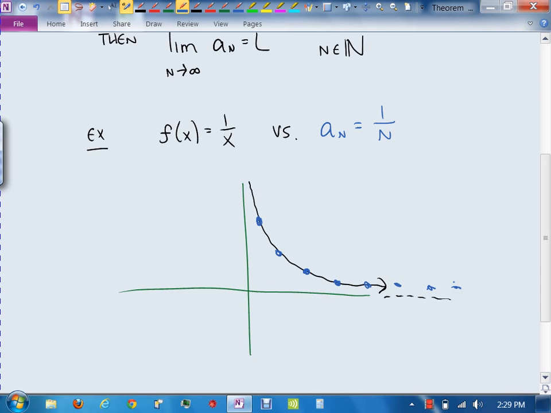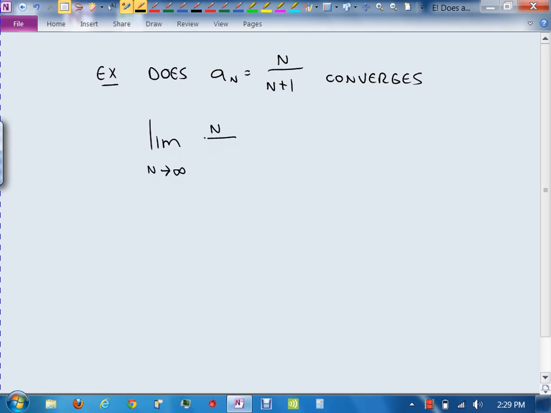So I'm going to go back to that example now. When we're trying to find whether a sub n equals n over n plus 1 converges, technically what we need to do is find the limit as n goes to infinity of n over n plus 1. But I can't do L'Hopital's rule because that's not continuous. So what I do is I switch it to the limit as x goes to infinity of x over x plus 1, where x is a real number.